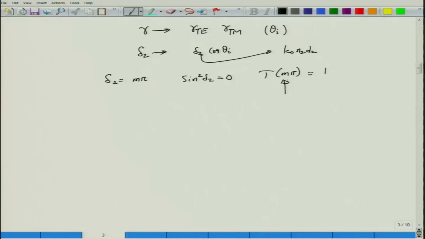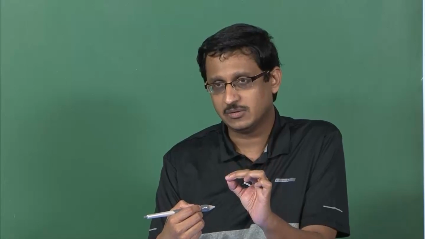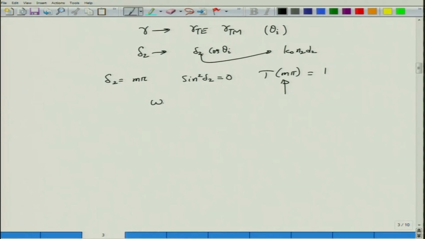And because there is a number m here, or the subscript m, we will also subscript the value of omega, telling us that when delta 2 is equal to m pi, that actually happens at a specific frequency omega m, okay. So the condition delta 2 equal to m pi means that omega m n2 d2 divided by, well, I wrote c, but in general it could be any phase velocity.